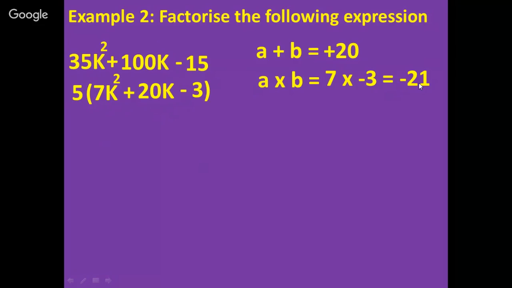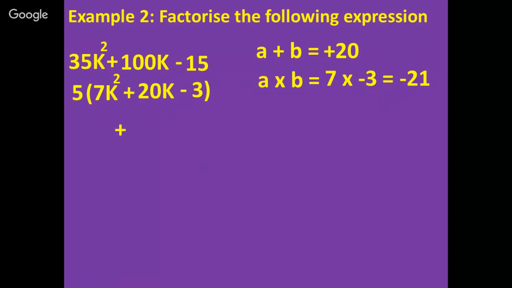So what about plus 21 and minus 1? Plus 21 minus 1 is equal to plus 20, and plus 21 multiply minus 1 is equal to minus 21. So plus 21 and minus 1 will work.